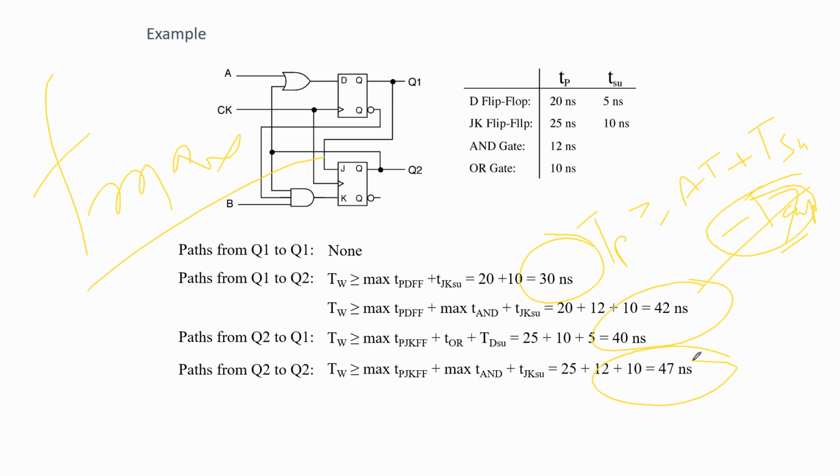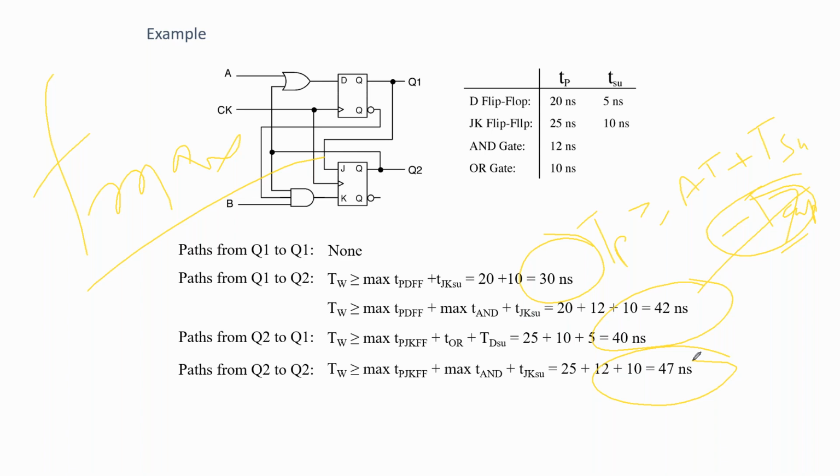So why 47, guys? Sir, because if we take less than 47, then the fourth path will have a setup violation. Okay. So we can't take a time period less than 47. We have to take a time period of at least 47 nanoseconds. That's correct.